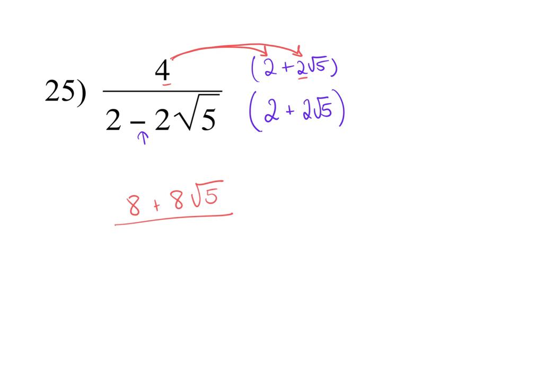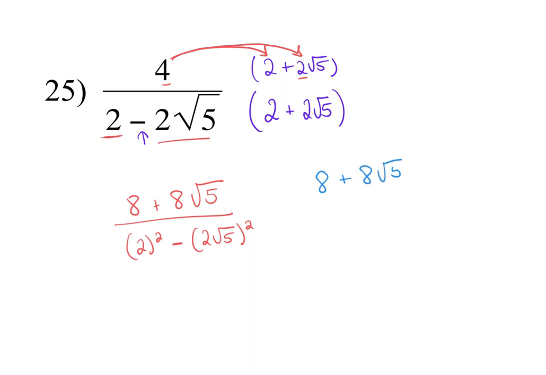On the bottom, anytime you multiply conjugates, you will end up with the first one squared, always minus the second one squared. That will always be what happens when you multiply conjugates. So my numerator has not changed.